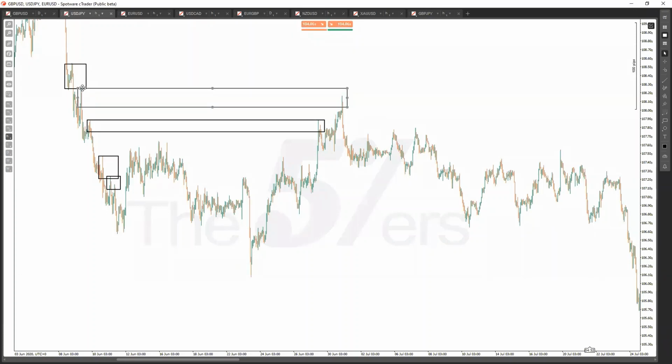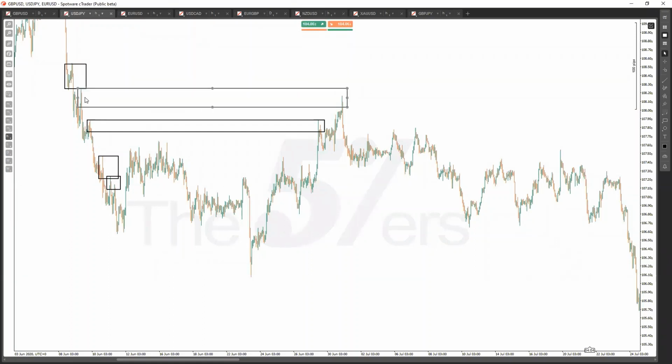Now I just eliminated one supply from the equation, and I don't have to debate which one gives me better probability. The simple rule is, if it's a fresh, never tested zone, I can take it.